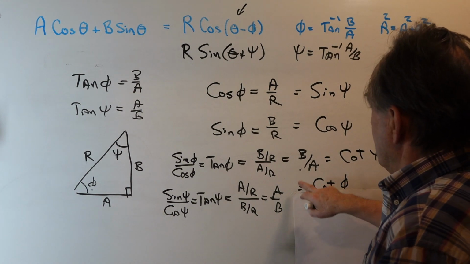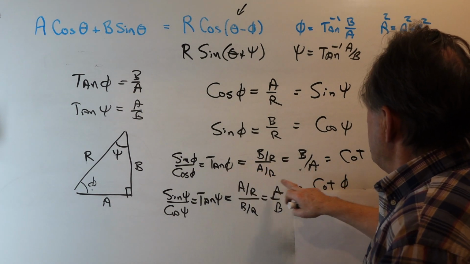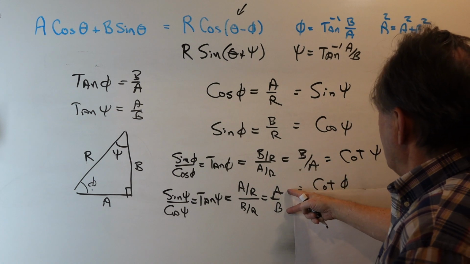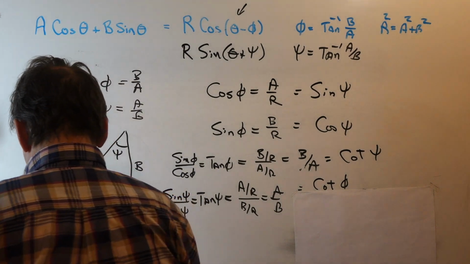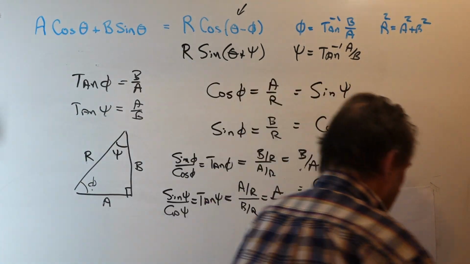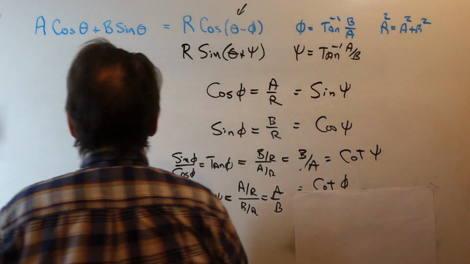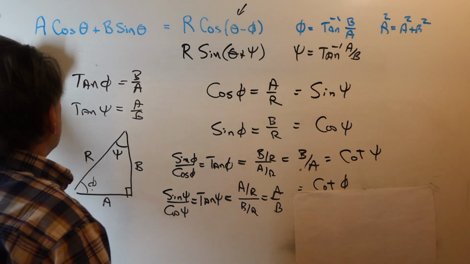If the tangent of phi is B over A, the reciprocal of that is the cotangent of phi. So these are our relationships. We have the cofunctions. Now we can verify that easily by looking at this.